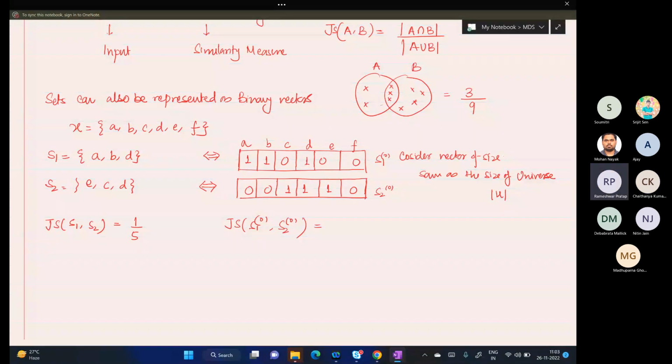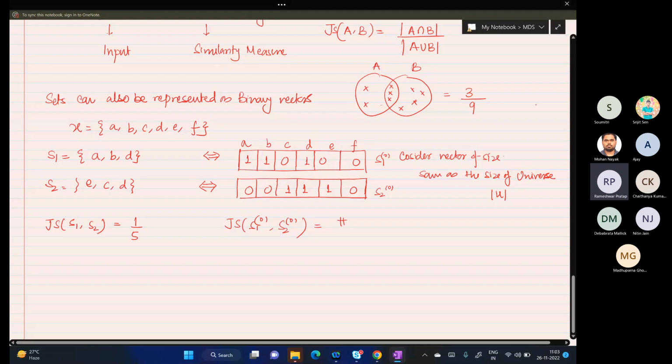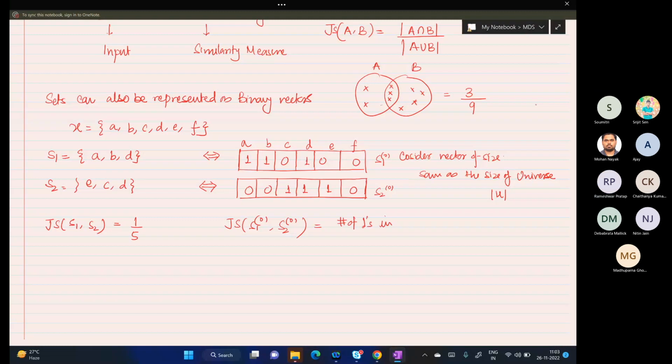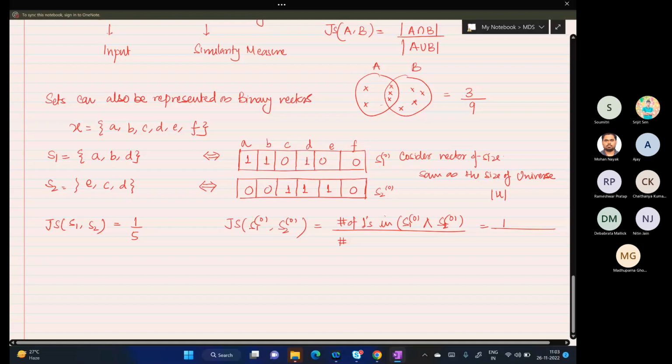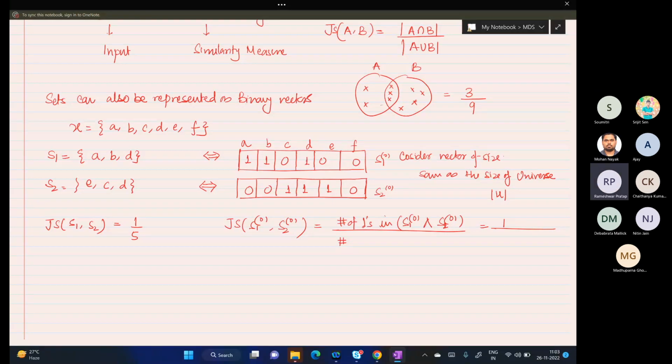So this is 1. And what should be in the denominator? Anything other than positions where both are zero. So how can we represent this using a binary operator?